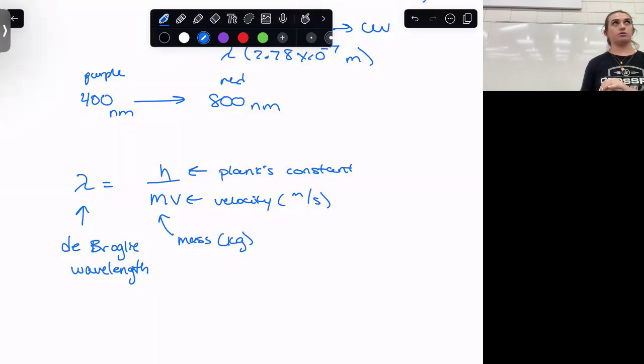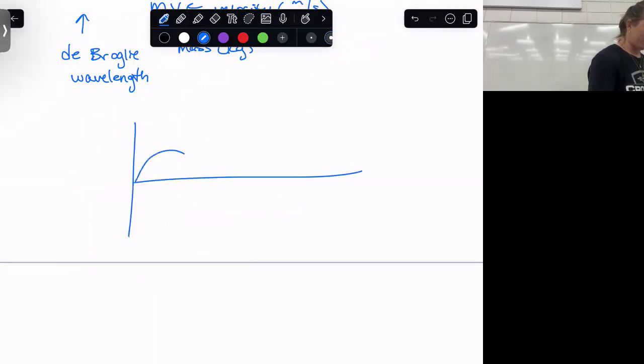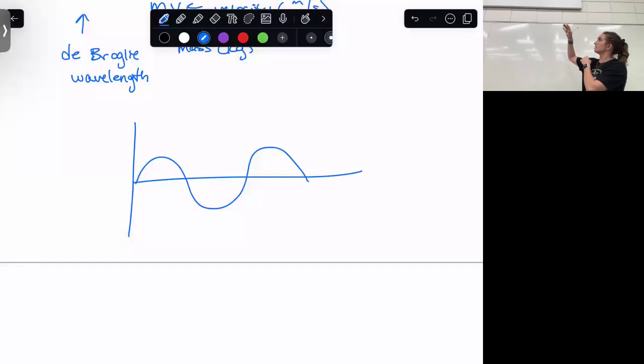Alrighty, any other questions? So when we have a wave, right, that's a terrible wave. It's going to cross the x-axis a couple of times. It'll have a positive amplitude and a negative amplitude.